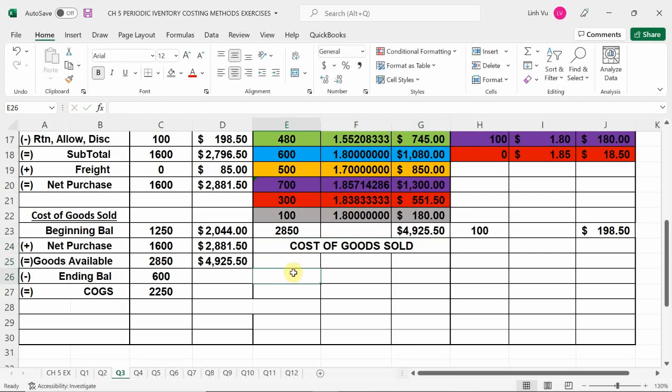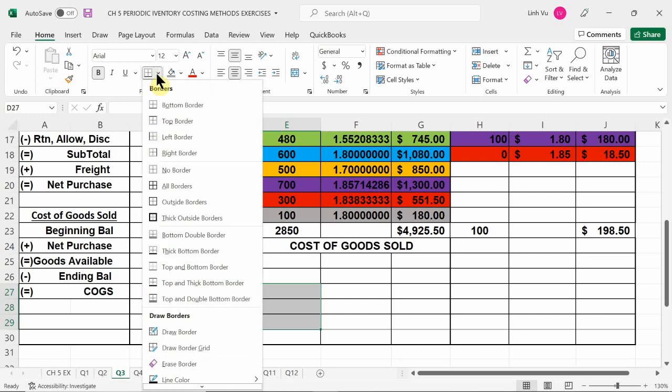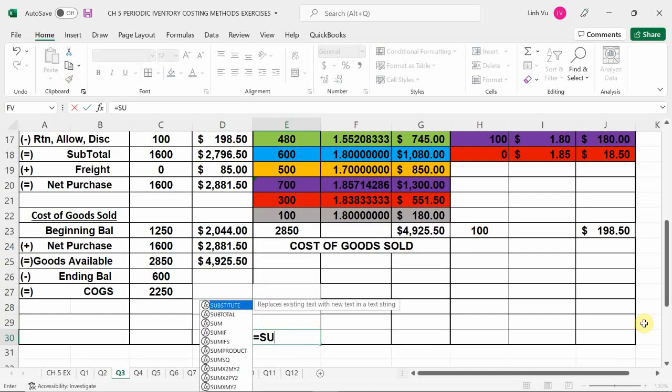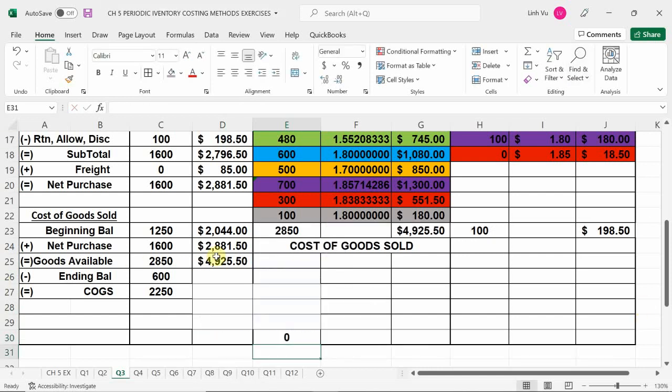So 1, 2, 3, 4, 5, 6. Okay, so I have my running balance here for my total quantity and my total cost here.